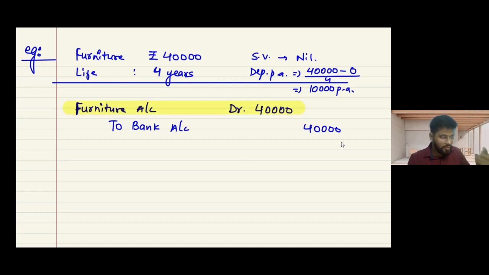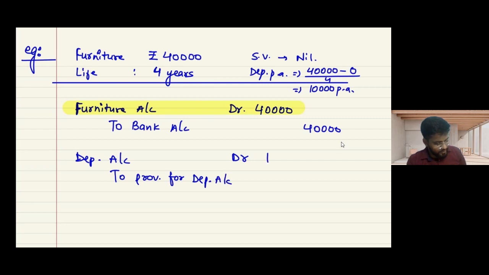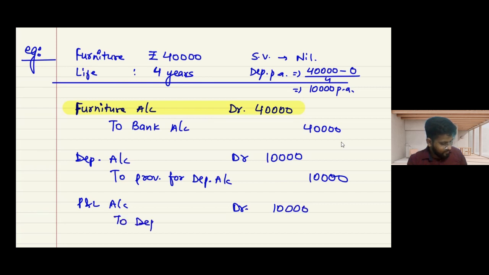So sir, where will depreciation go? Depreciation will go to the provision for depreciation account. This is for the first year. We are charging the depreciation. And finally, your P&L account will be debited for the depreciation account.